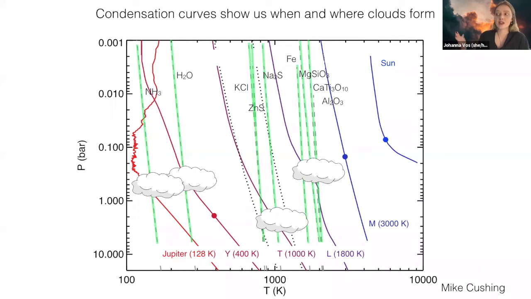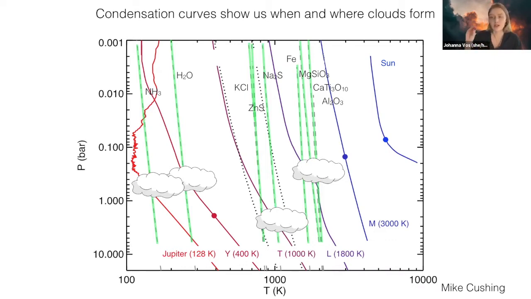And some of the types of clouds we see are very alien to us on Earth. So for an L dwarf, for instance, shown in the purple, we get clouds composed of magnesium silicates, iron droplets, and aluminium oxide. When you go a little bit cooler again to the T dwarfs, you get potassium salt and sulfide clouds.